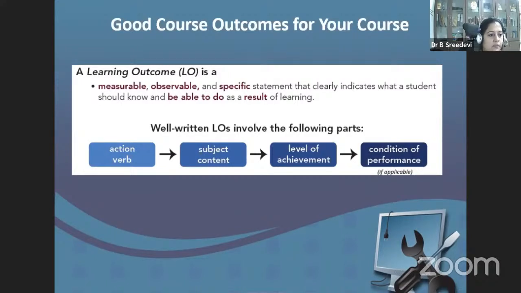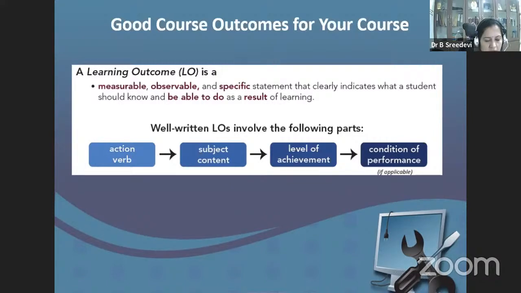First step is to specify an action verb. Second step is to specify a subject content. Third and fourth are optional for a particular course outcome: level of achievement and condition of performance. Condition of performance means, under this particular supervision or under this threshold, if I state that, we call it the condition of performance.